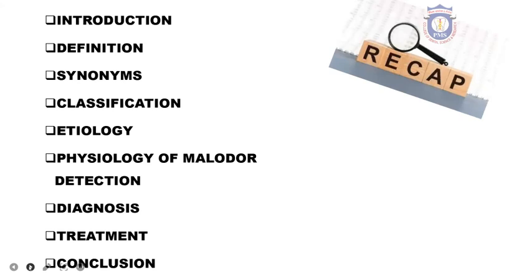And pathologic halitosis can be due to oral as well as extraoral causes. We discussed intraoral causes as well as extraoral causes. Physiology of malodor detection. How do we diagnose? By self-examination, medical history taking, intraoral examination, and various equipment like Barnard test, organoleptic rating, etc. And we discussed the treatment of halitosis, etc.